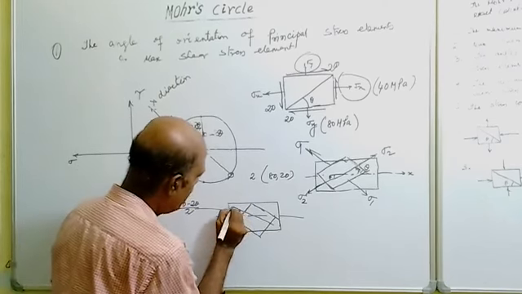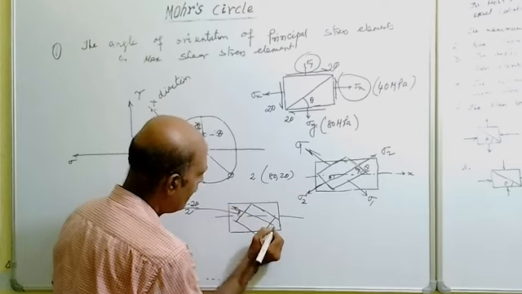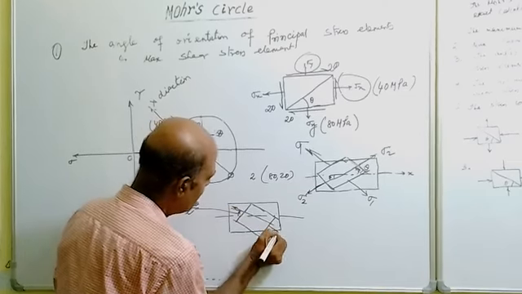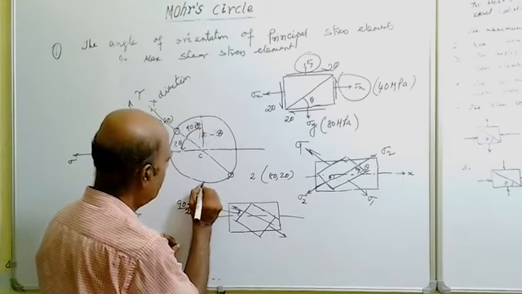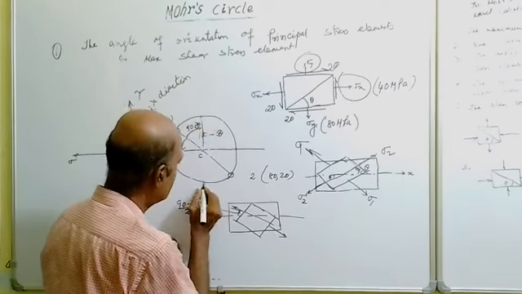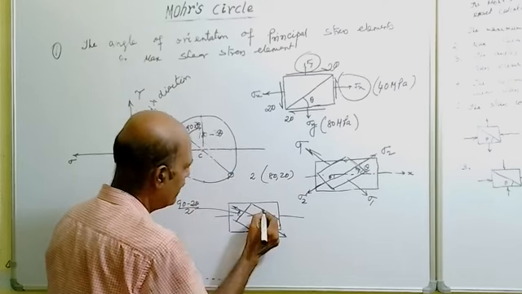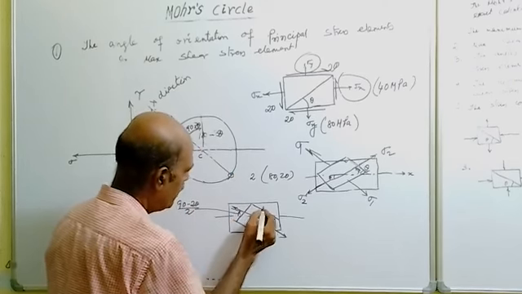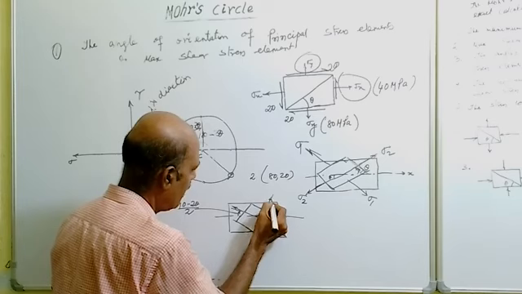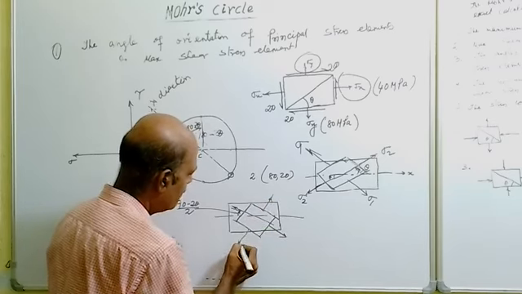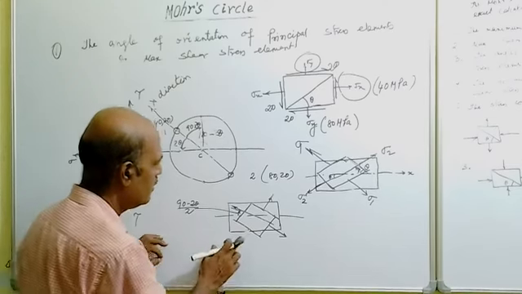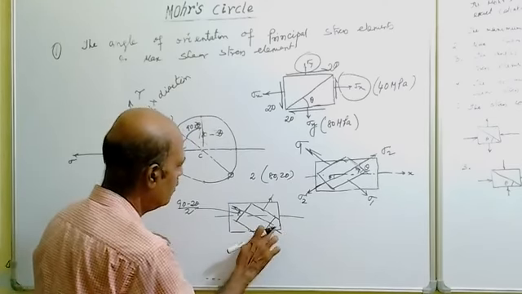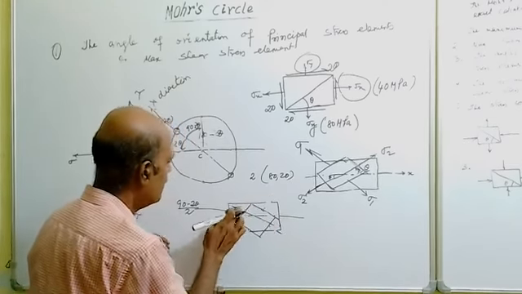So this plane will have the maximum shear stress, as well as this plane, which is at an angle of 90 degrees to this, will have maximum shear stress. Now you can see, we have shown normal stress and shear stress.